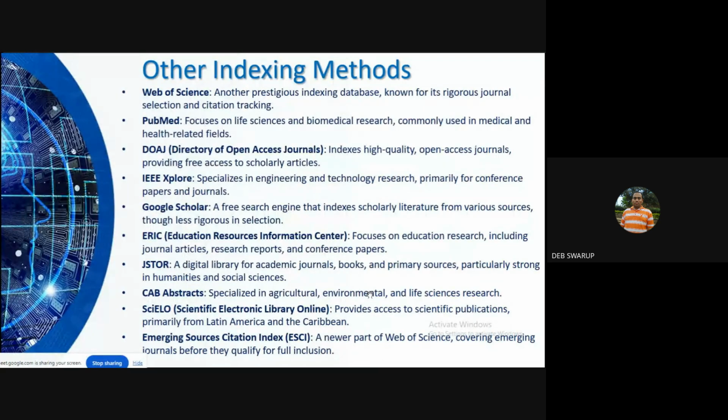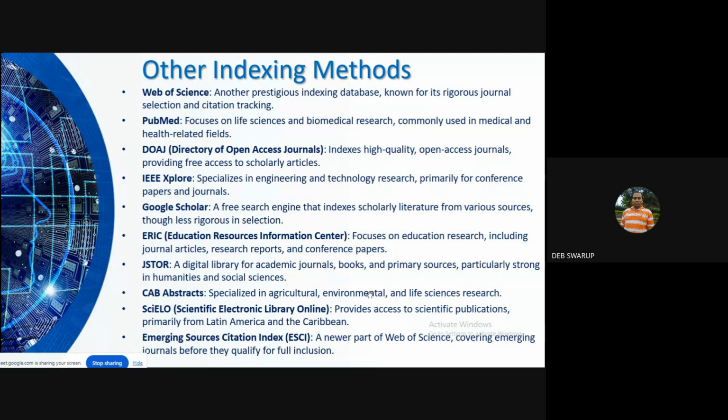Now, these are the other indexing methods besides Web of Science and SCI that we all know. PubMed is very important for the medical healthcare areas. I have not listed everything because I was unaware of the audience areas, so I found the best from many areas and put them in. DOAJ is the Directory of Open Access Journals.